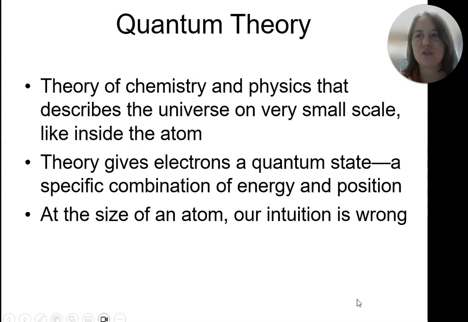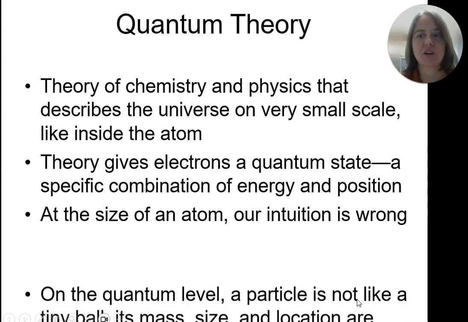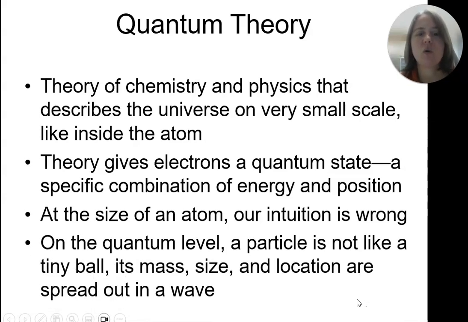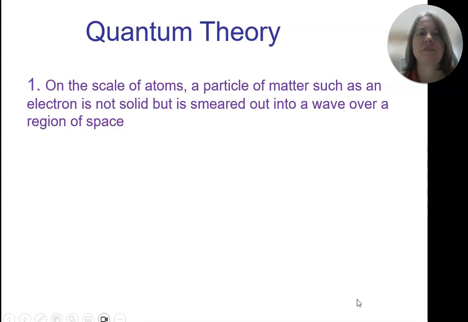Atoms, electrons do not work the way our brains work. So at the quantum level, a particle is not like a tiny ball that is distinct and has boundaries, but its mass, size, and location are all spread out in a wave.